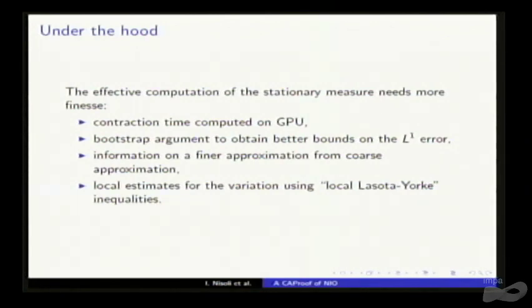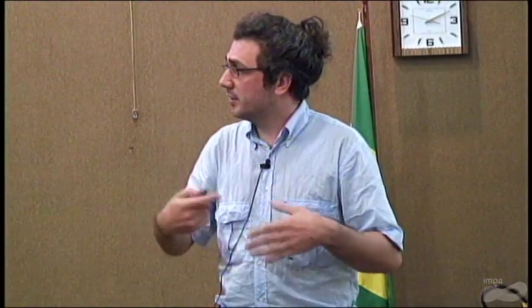The contraction time is computed using GPU multiplication. And we use some bootstrap methods and something that we call local Lasota-Yorke inequalities to ensure that the density that we get is regular enough to do our estimations.